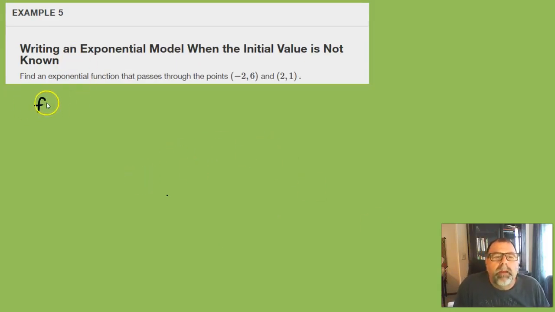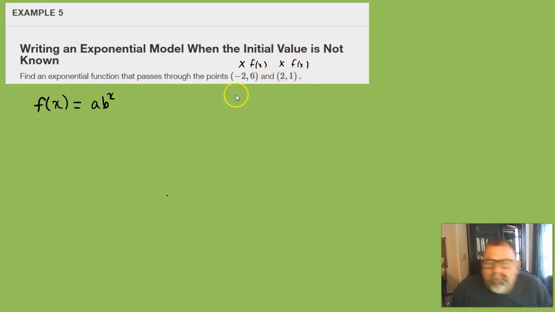So if we have f of t, are we going to use t or are we going to use x? We're going to use x. All right. So f of x equals ab to the x. We're going to plug both these points in. Remember, this is x, f of x. X, f of x.